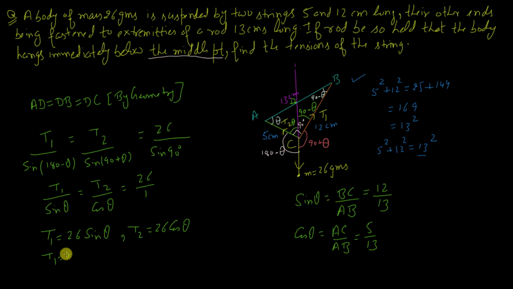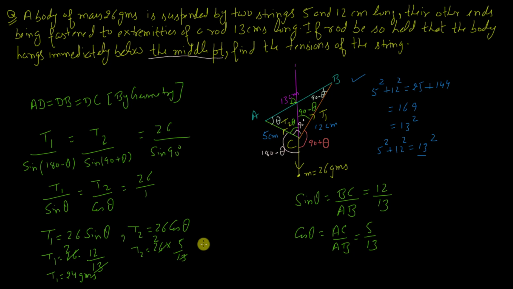T1 is equal to 26, sine theta is 12 by 13. This will cancel out. So T1 is equal to 24 grams. Similarly T2 is equal to 26 into 5 by 13.